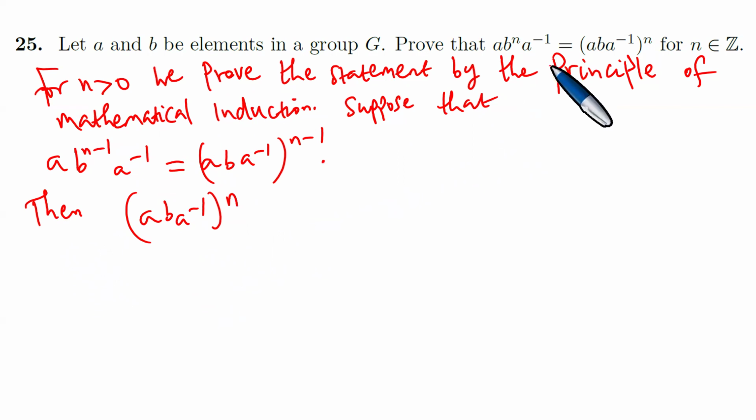Suppose that now we just reduce the power by 1, because it is to the power n. So that b is to the power n minus 1, but also this one is to the power n minus 1.